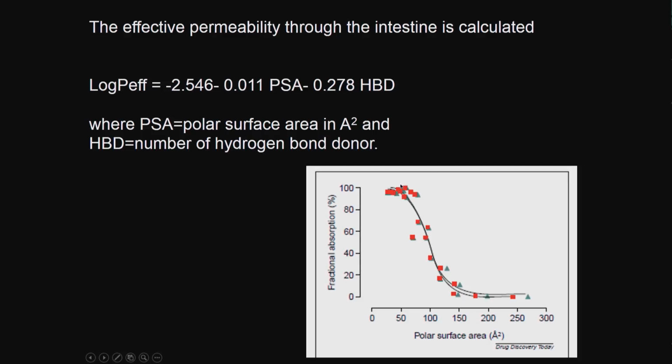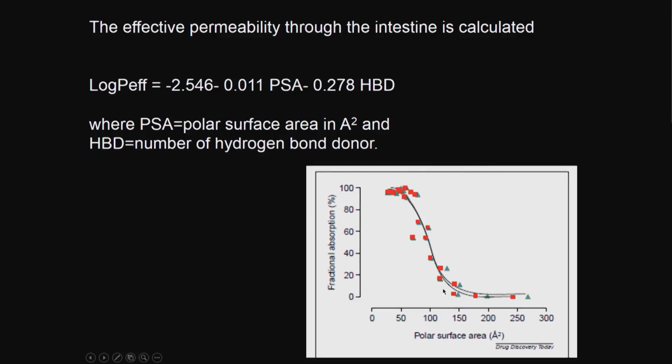The absorption fraction, the absorption in the intestine is very, very high, and as the polar surface area increases, that means it becomes more hydrophilic. Then it dramatically falls down and it comes to a very low value when the polar surface area is above 140 angstrom square.